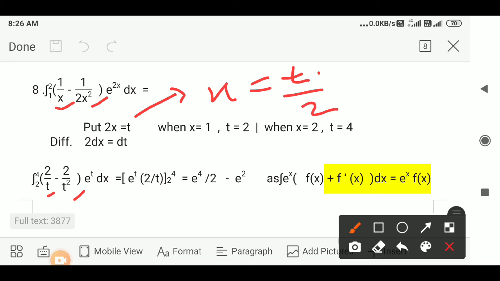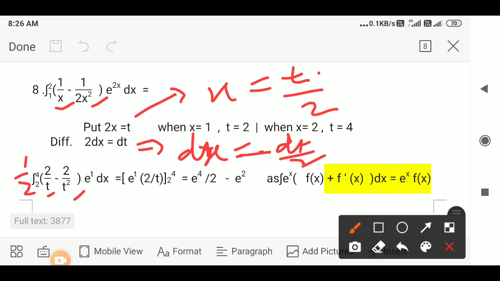Here 1 by 2 will be outside, because dx will become dt by 2. So we have 1 by 2, integral from 2 to 4, of (2 by t minus 2 by t square) e power t dt.